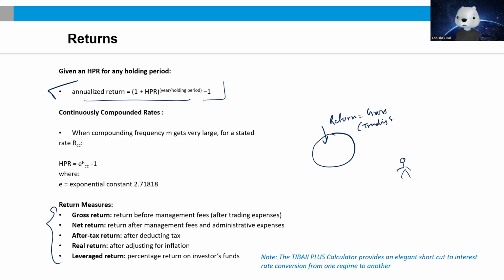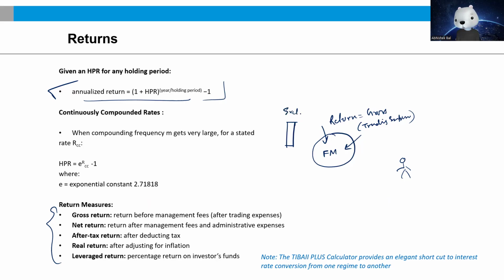Why the trading expenses? Because these trading expenses are not pertinent to this particular fund manager, but are extraneous to it. These are basically the fees that are paid to the exchanges, the clearing agent, and all other capital market agents that are there.